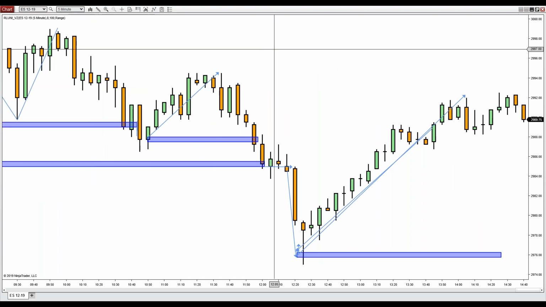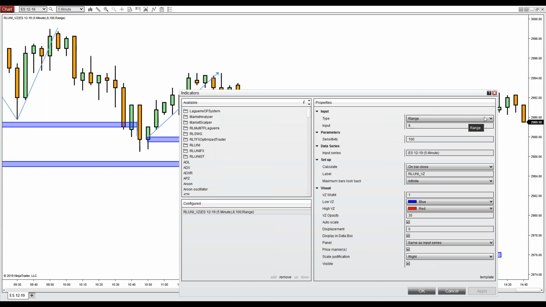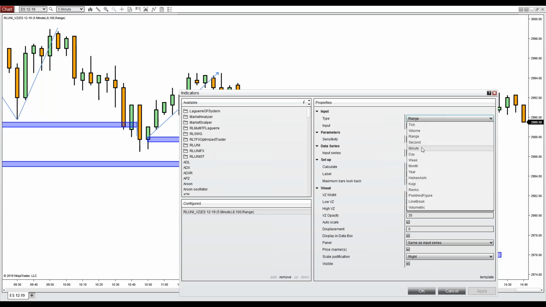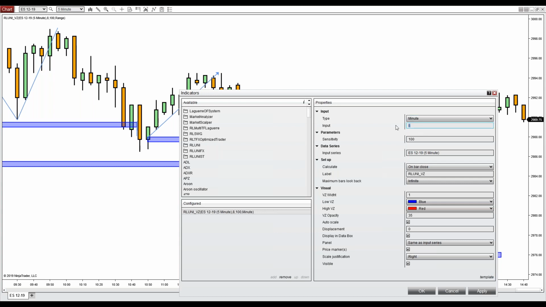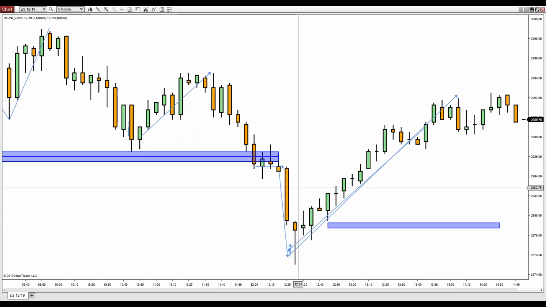Now here's a 5-minute. I've got to come in here and change the indicator to a 15-minute. I've got a 1-minute, 15. Make sure the pivot sensitivity on futures is a 150. And here we are.